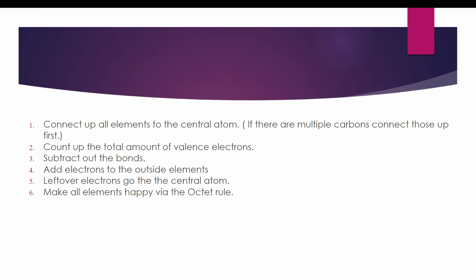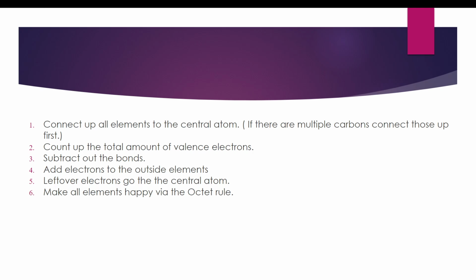We're not even going to be worried about anything else at this point. If there are multiple carbons, we're going to start by bonding those together first, because carbon likes to bond with itself. It will usually bond with itself many times before it has to bond with something else.